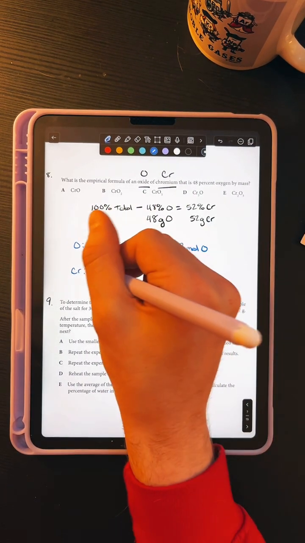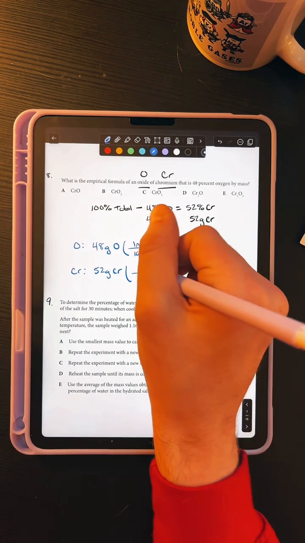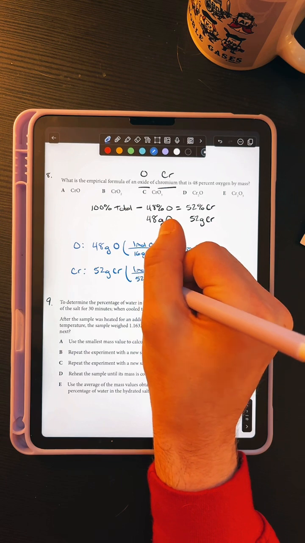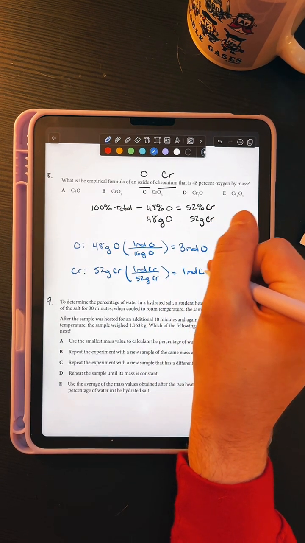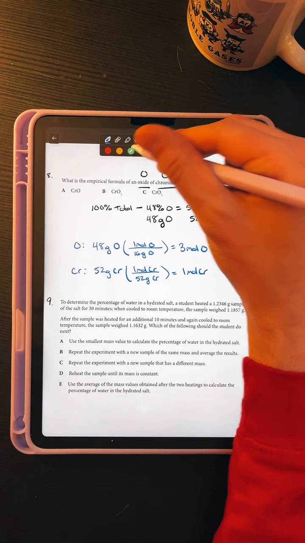And chromium, we have 52 grams of chromium. Converting that into moles using the molar mass, 1 mole of chromium is to 52 grams of chromium, giving us 1 mole of chromium. This one looks a bit easy, but we'll do this out just so we can have practice.